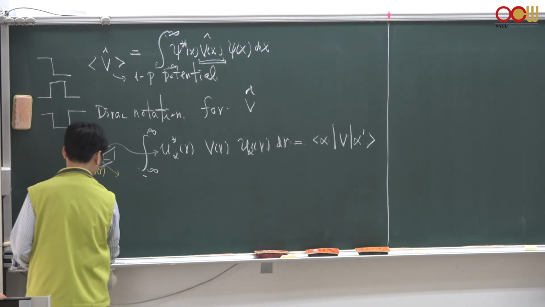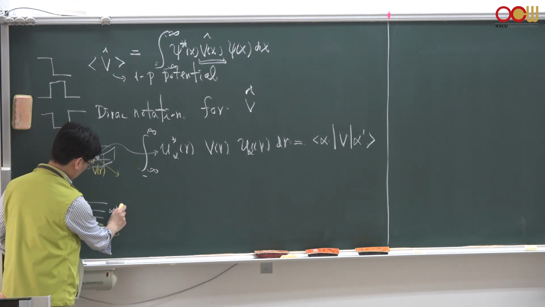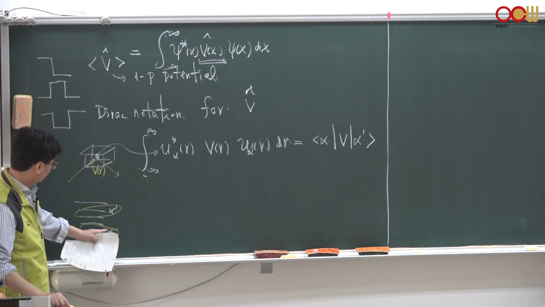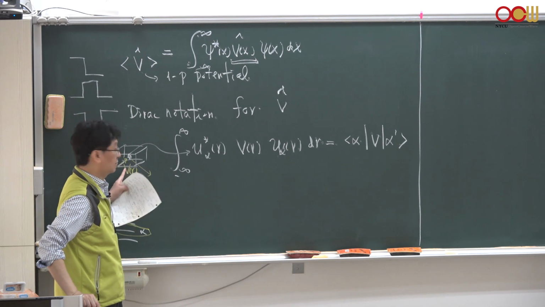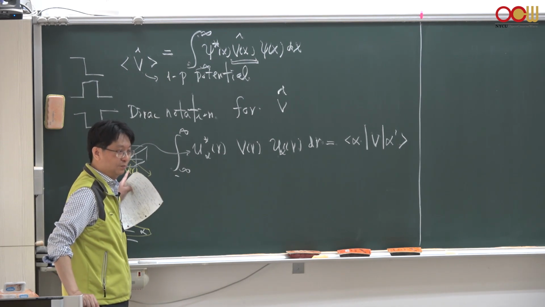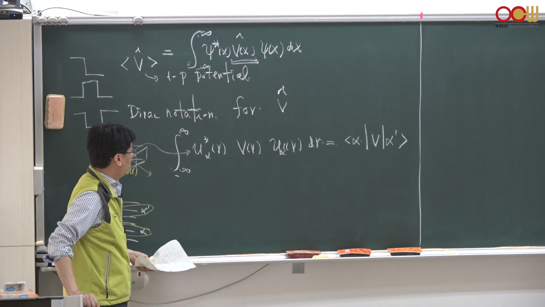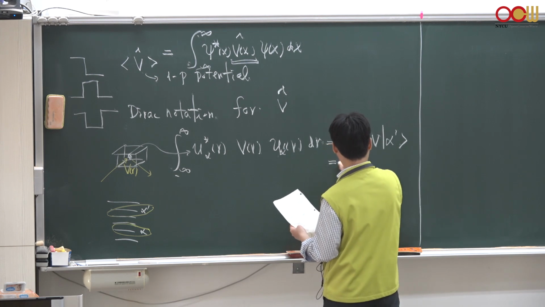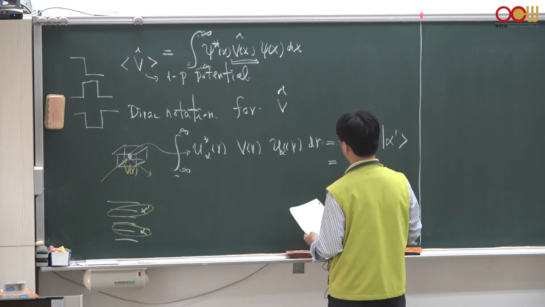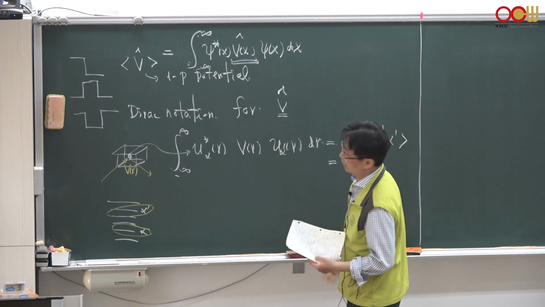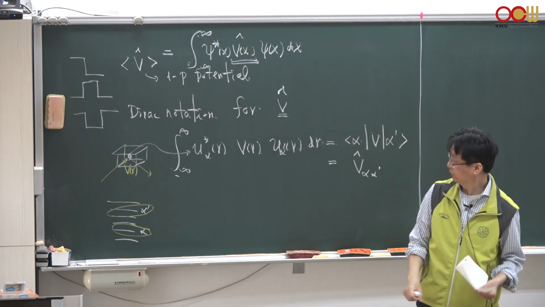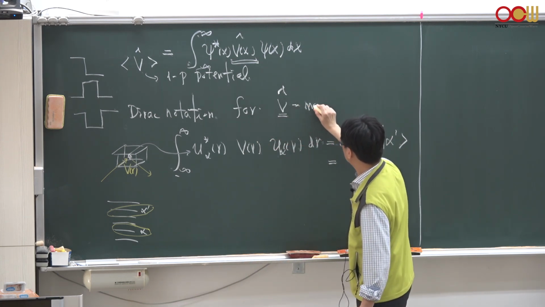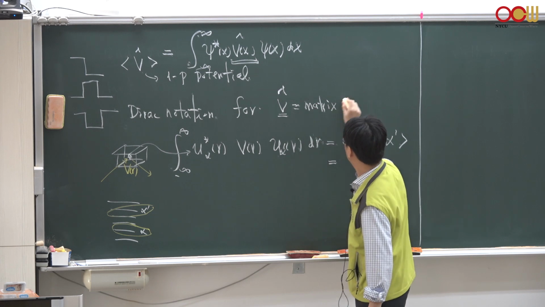Suppose that the incoming electron is at alpha state, and outgoing is actually alpha prime. And the reason why electrons change their eigenstates is because of the potential. Okay, this is a single particle potential. Suppose we have that. And in terms of Dirac notation, this is nothing but the matrix element, because this tells us that you can consider this potential operator for such a single electron living in a box as a matrix form.